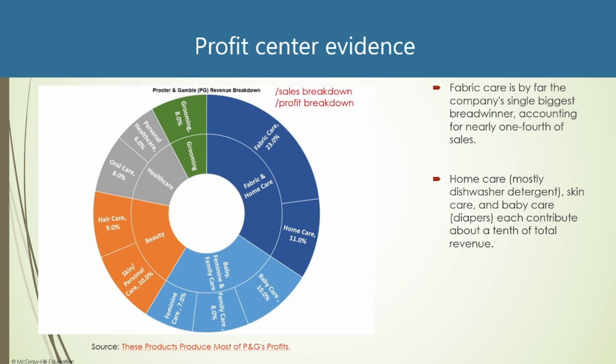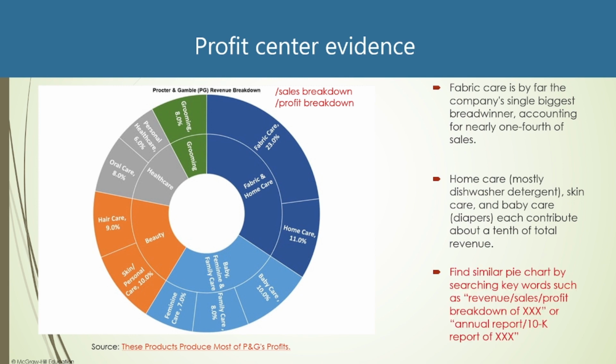So the percentage of contribution on revenue, on sales, on profits, those are good evidence to show that the strategic business unit that you choose is the one that matters most, that plays the most important role for this focal company. So how to find those pie charts?